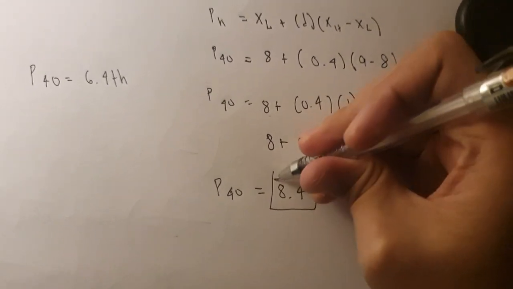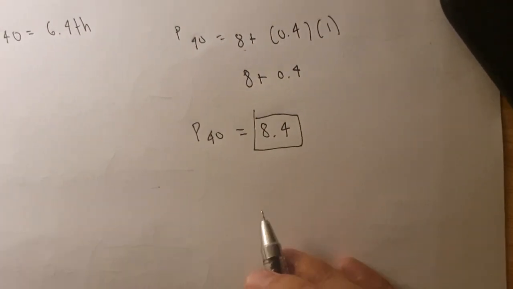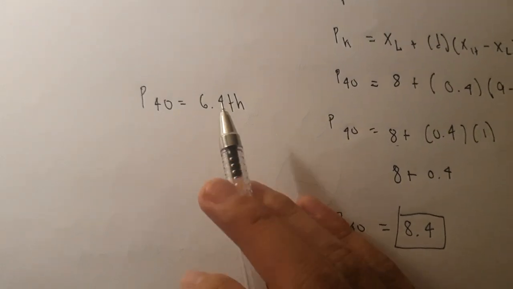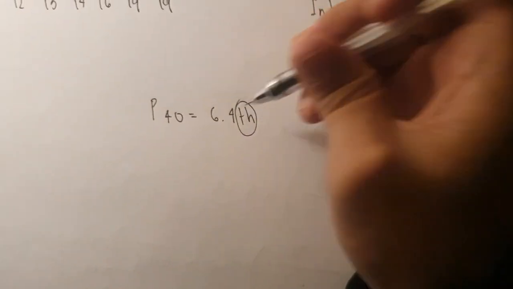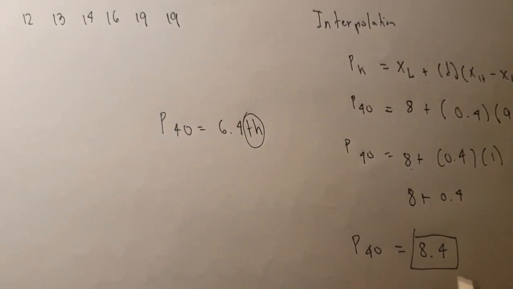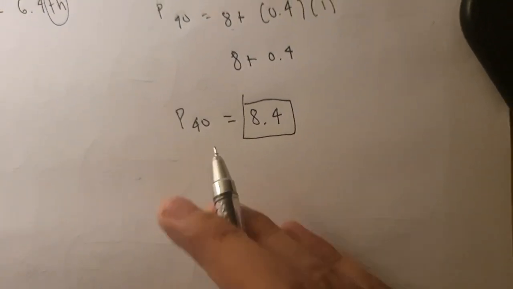Here is your final answer. Again, dito hindi na natin kailangan mag-interpolation because natanggal na natin ang decimal kung 6.4 kailangan is matanggal to tuwing hinanap natin ang position ng isang group data.